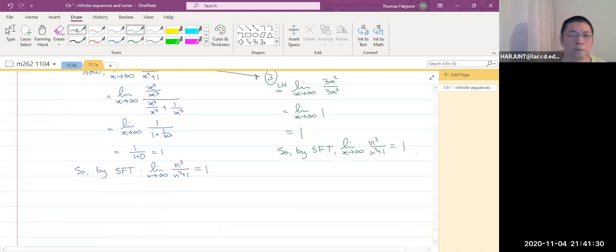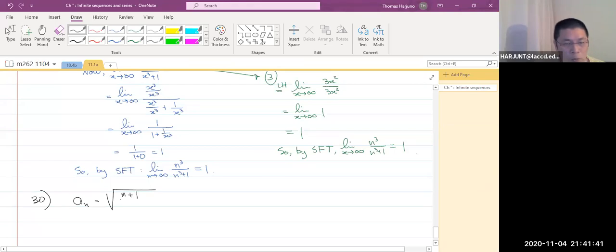Number 30. The sequence is the square root of n plus 1 over 9n plus 1.